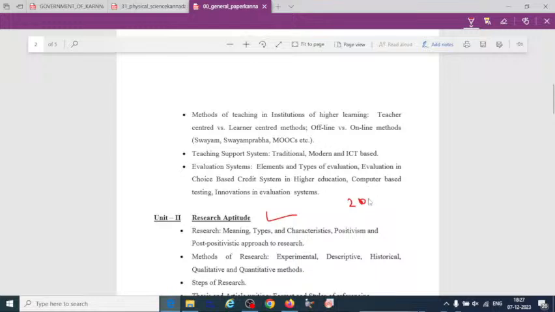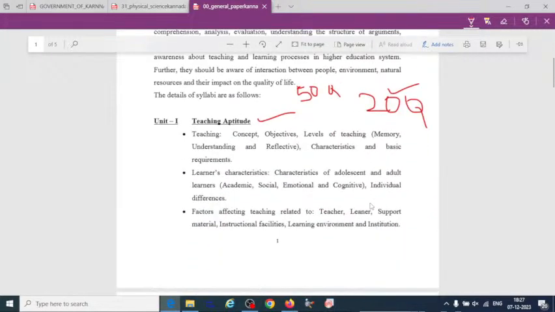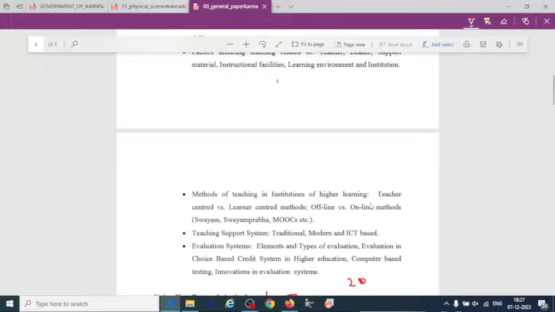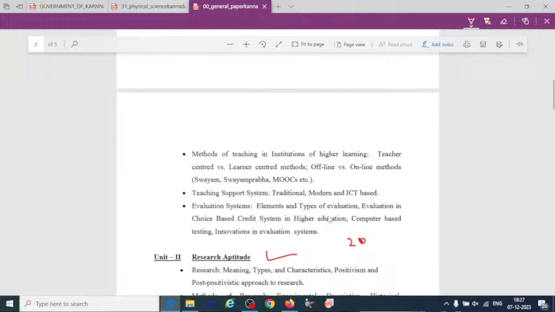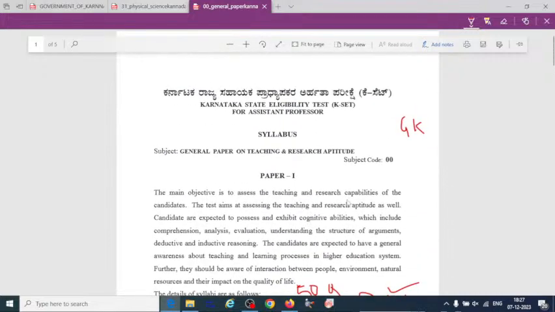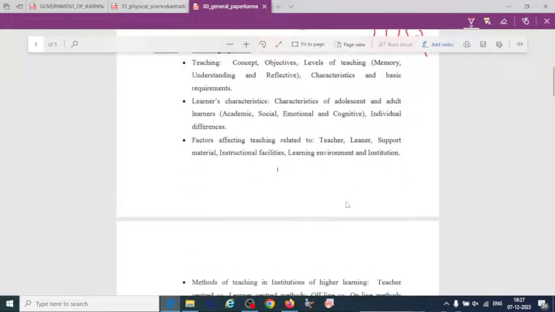So you can try to solve around 5 to 6 previous year question papers so that you can easily understand how the questions will be there in the exam, how to qualify the exam, and which topics they have asked repeatedly, on which topic you have to concentrate. And especially for the GK paper also, I suggest you solve the previous year question papers.